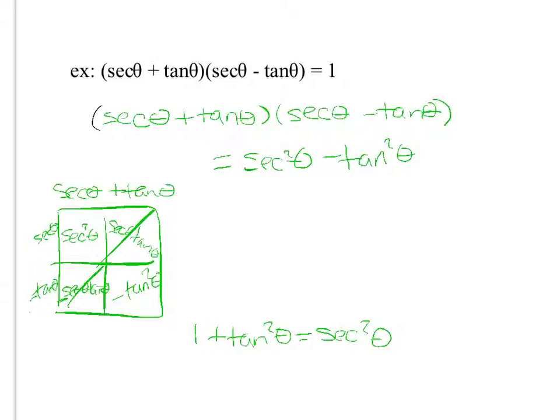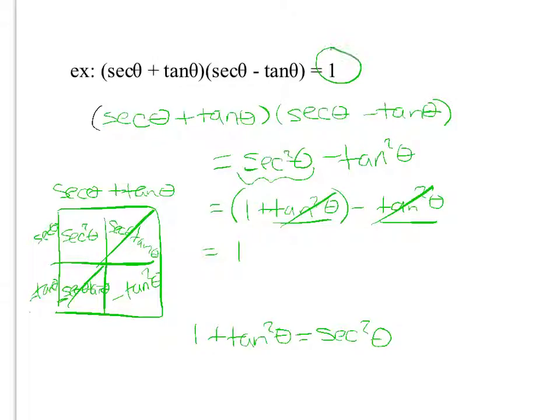And so, since I have a secant squared up here, I'm going to replace that with 1 plus tangent squared. And then it's still a minus tangent squared. And so then if you look at this, I have a tangent squared minus tangent squared. They're going to cancel out, and I'm just left with a 1, which is exactly what I wanted. And so I will finish off this problem.